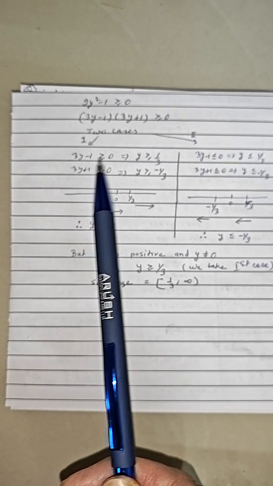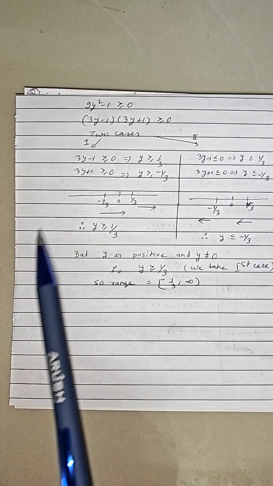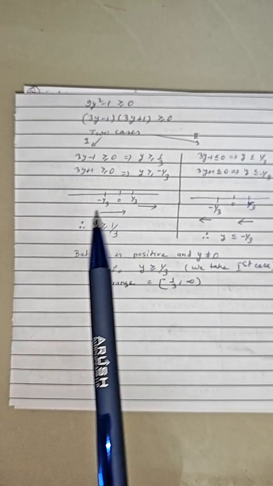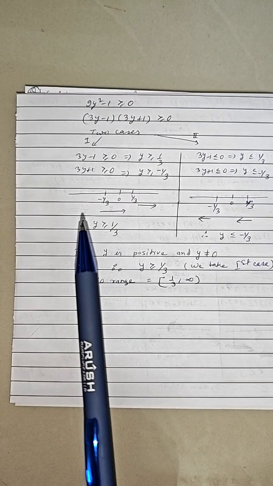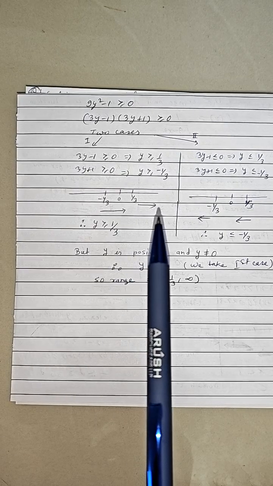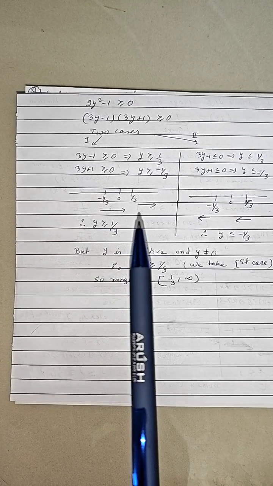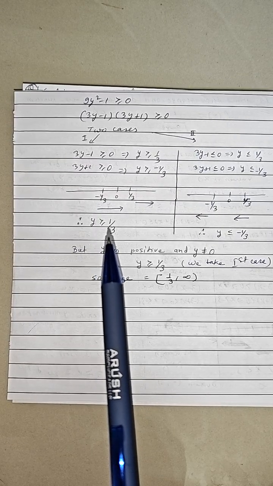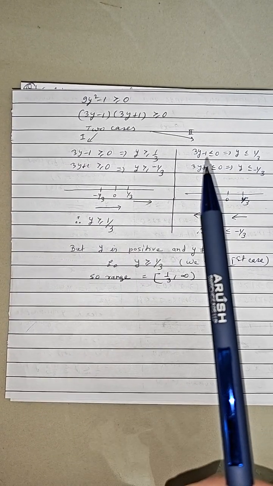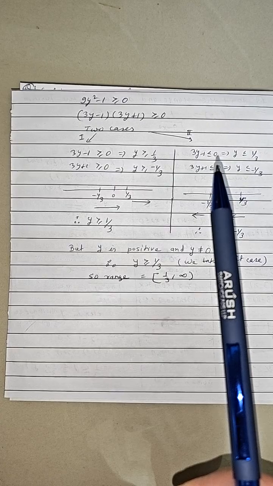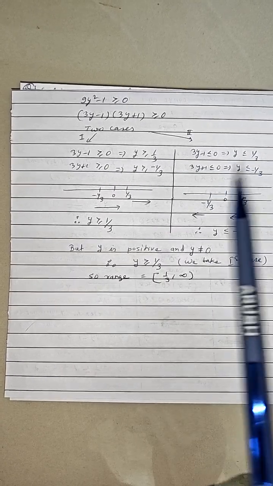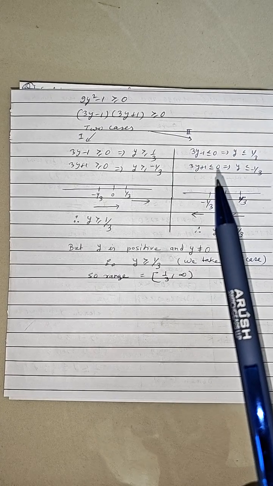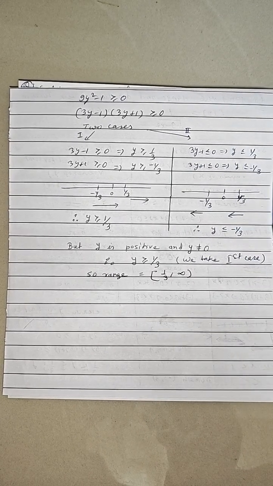If both are positive, then y will be greater than or equal to 1 by 3 and y will be greater than or equal to minus 1 by 3. If you draw it on the number line, finally it should be greater than or equal to 1 by 3. Second case: 3y minus 1 less than or equal to 0 means y is less than or equal to 1 by 3, and 3y plus 1 less than or equal to 0 means y is less than or equal to minus 1 by 3.